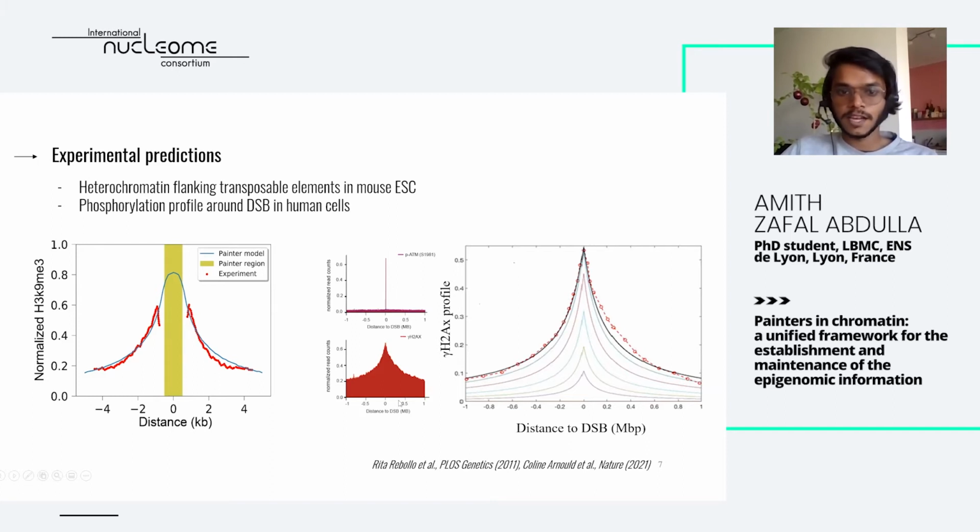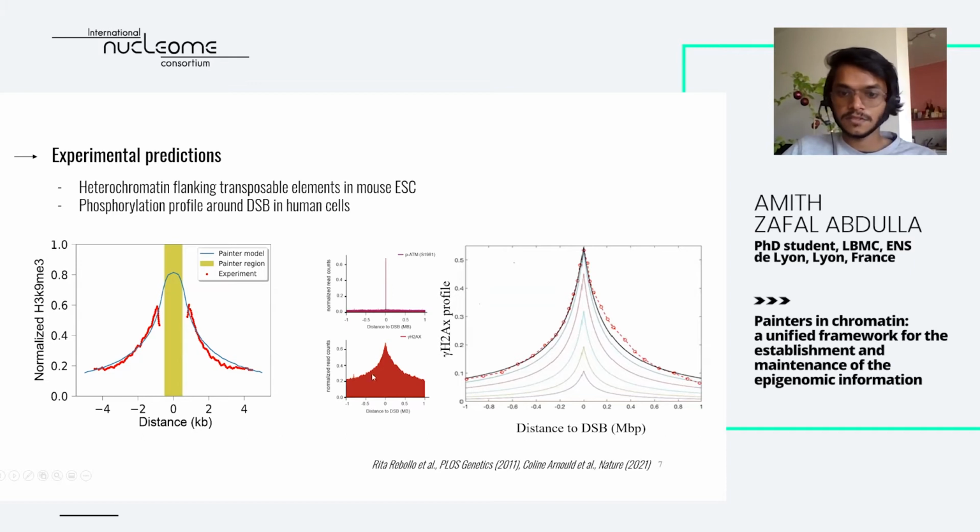On the right, we have a phosphorylation profile in human cells. Here we have a double strand break at position 0. And this is the profile of the enzyme, the kinase that maintains genome integrity. It is highly localized at the break. And then we have the phosphorylation profile, something like this.